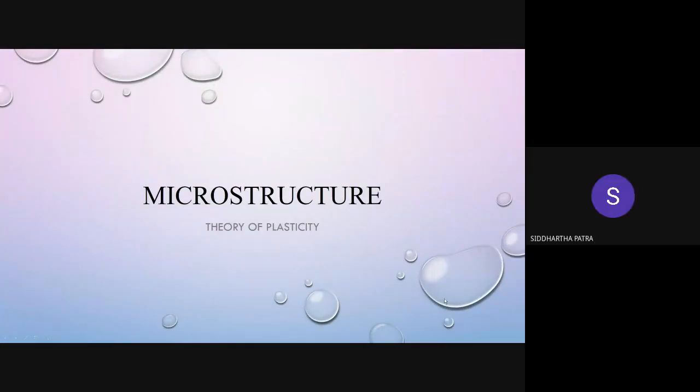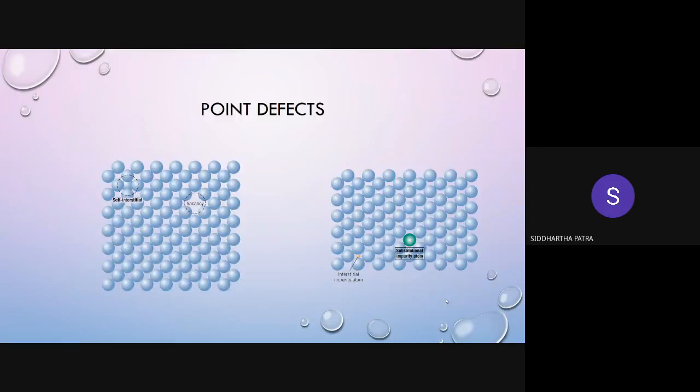Okay, so let's start the discussion on microstructure. And as you know, no microstructure is perfect, no crystal structure is perfect, otherwise we would all be having single crystal materials with directional properties. But naturally, most of the materials that we work with in day-to-day life are, if not homogeneous, at least isotropic.